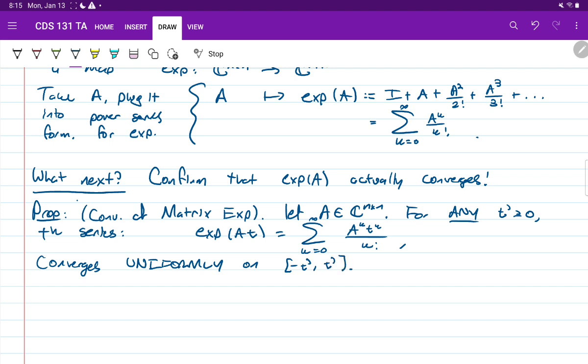All right? So what we're saying is take any compact interval that we want. This matrix exponential will converge uniformly on that compact interval.